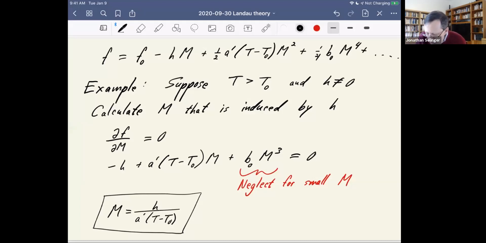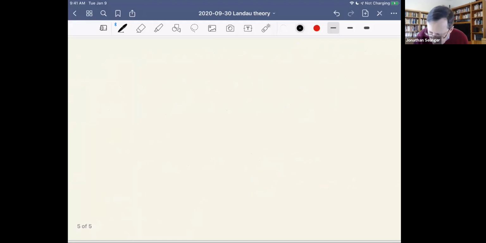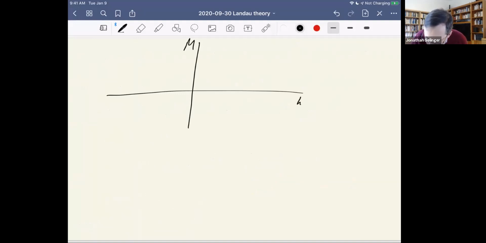And so a plot of that is like this, right? That it's just m as a function of h, it's linear, okay, with a slope that depends on temperature.